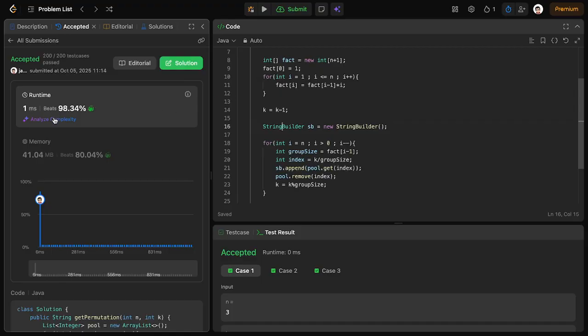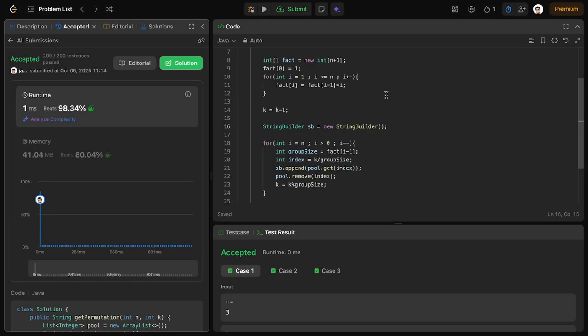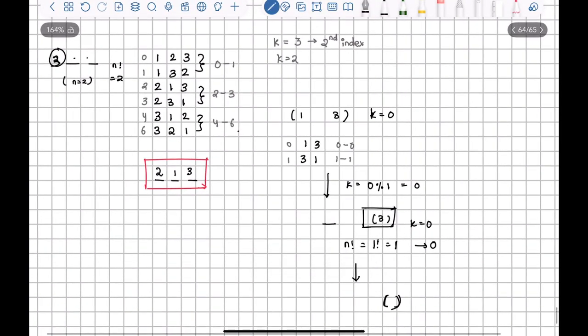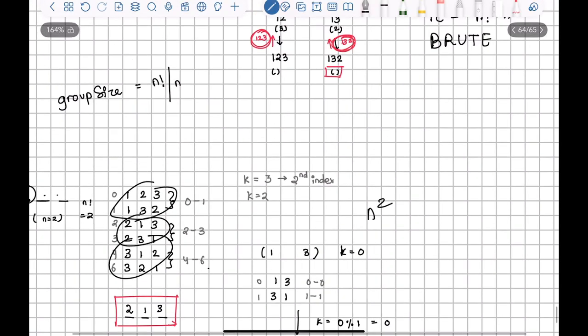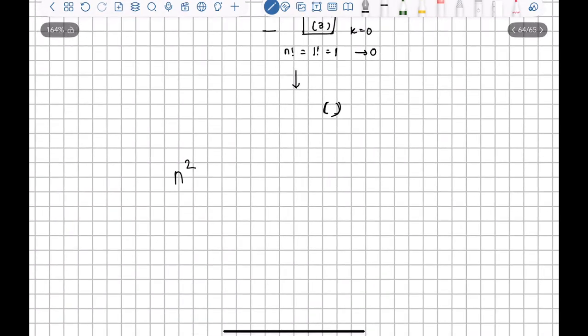So let's analyze the time complexity. It should be n square, right? It is n square. So why is it n square? Because essentially we are going through each number again and again, n square times, right? So now this n square is much less than n factorial.